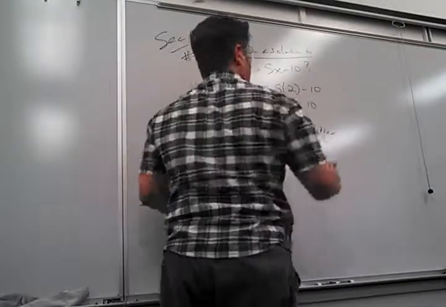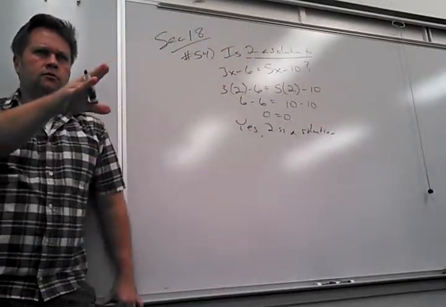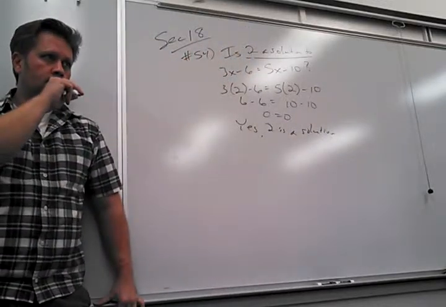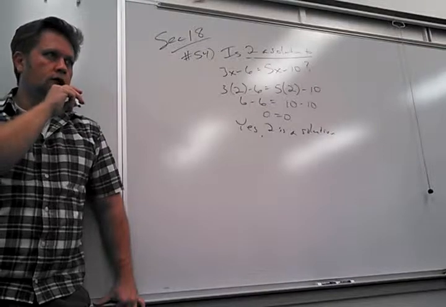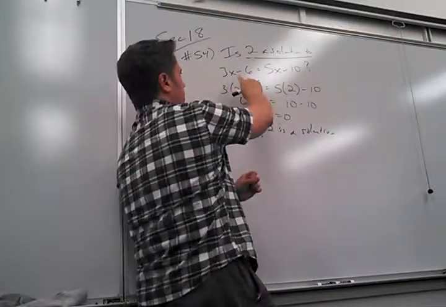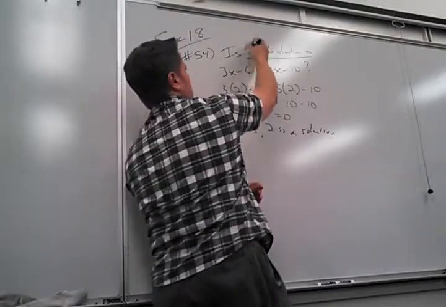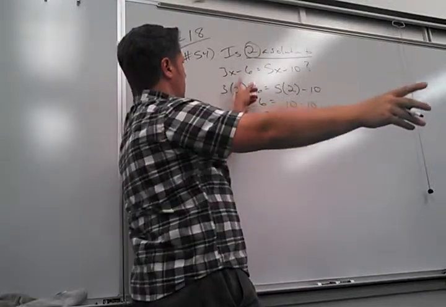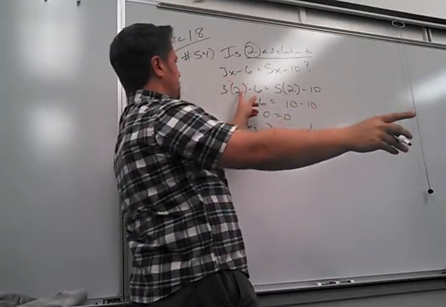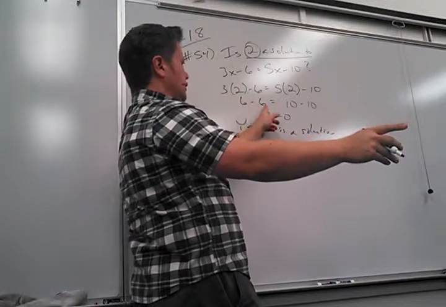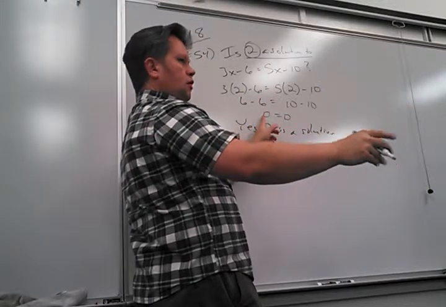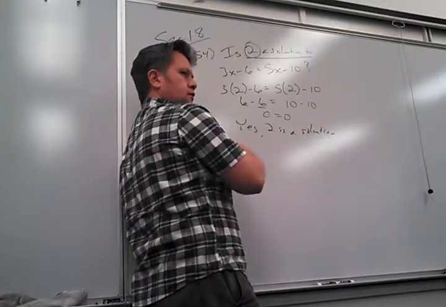Sweet. Is that cool? Why is it equal 0? So you tell me, when you plug a 2 in, because they're asking me to check 2. So when you plug a 2 in, 3 times 2 is 6, minus 6 is... what's 6 minus 6? 0.